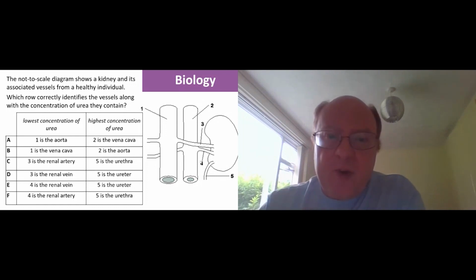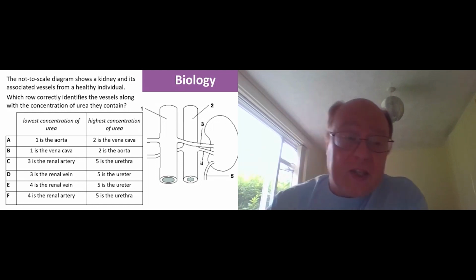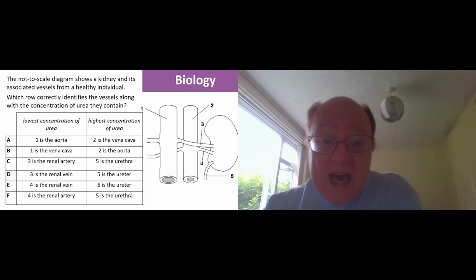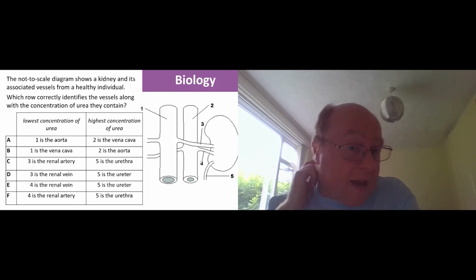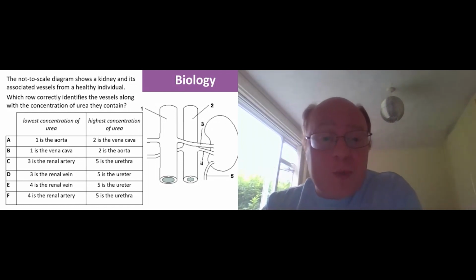So by that reasoning, the highest concentration of urea is going to be coming out of the kidney, so it's going to be in the vessel numbered 5 on the diagram. That means we can eliminate options A and B quite quickly, because they refer to 2 as being the area with the highest concentration of urea. So now we have 4 options.